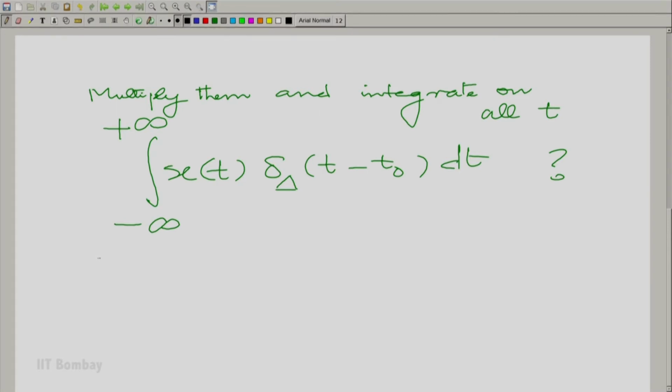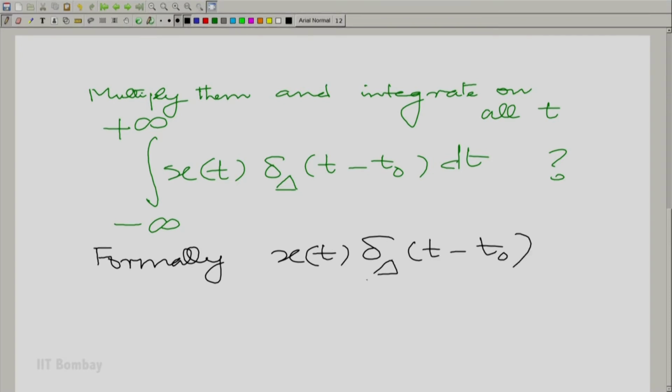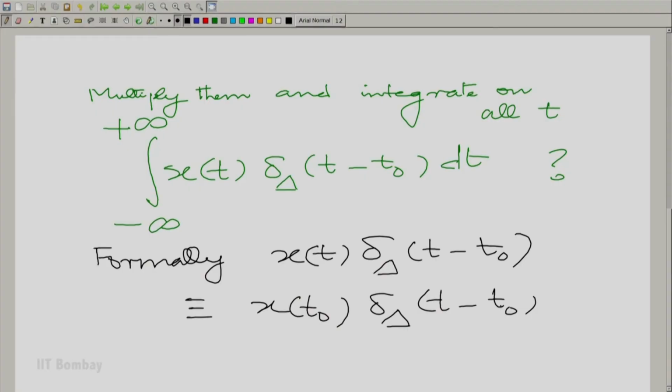So in other words, what I am saying formally in mathematical language, x of t times delta, capital delta t minus t0 is almost equivalent to x of t0 times delta, capital delta t minus t0.